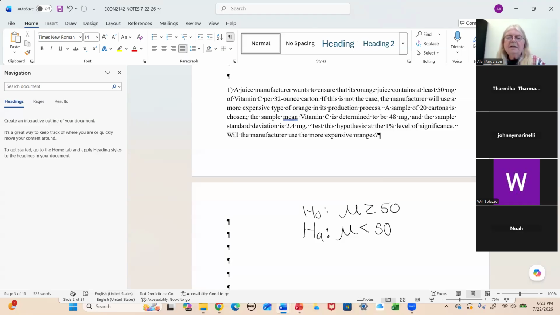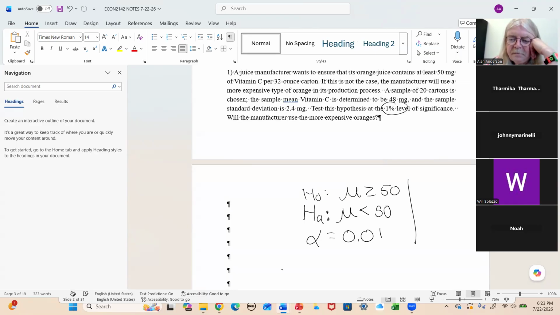Okay. So again, you've got to read these questions very, very carefully because, sometimes, like I said, the way they're worded, it's not super obvious what you're trying to do. So they're giving us an alpha of 0.01. And also there's some data here. I'll put it over on this side. We took a sample of 20 cartons. The sample mean is 48 milligrams. And the sample standard deviation is 2.4.